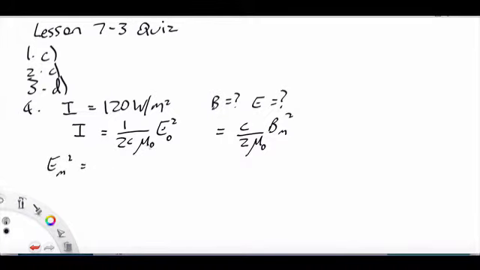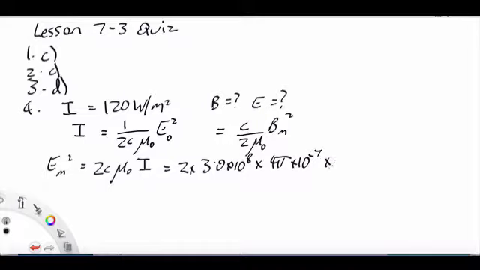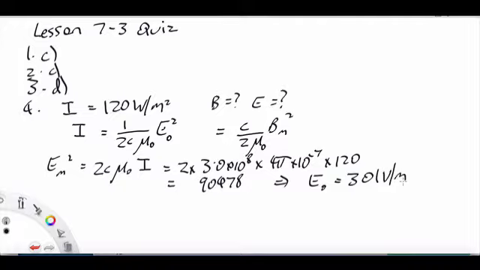It is I times 2c mu naught, and that is 2 by 3 by 10 to the 8 times 4 pi by 10 to the minus 7 times 120, which is going to be 90478. So that gives us E squared; remember we take the square root now to get 301 volts per metre.